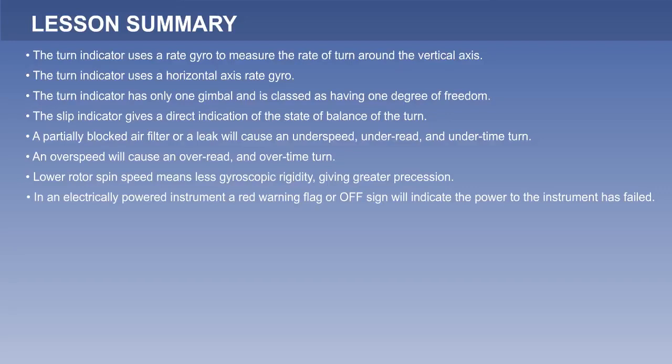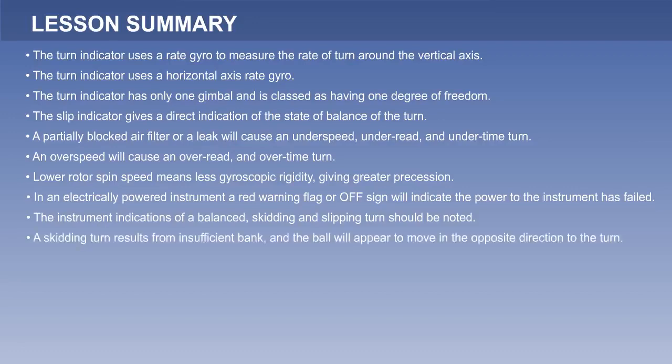In an electrically powered instrument, a red warning flag or off sign will indicate the power to the instrument has failed. The instrument indications of a balanced, skidding, and slipping turn should be noted. A skidding turn results from insufficient bank, and the ball will appear to move in the opposite direction to the turn.